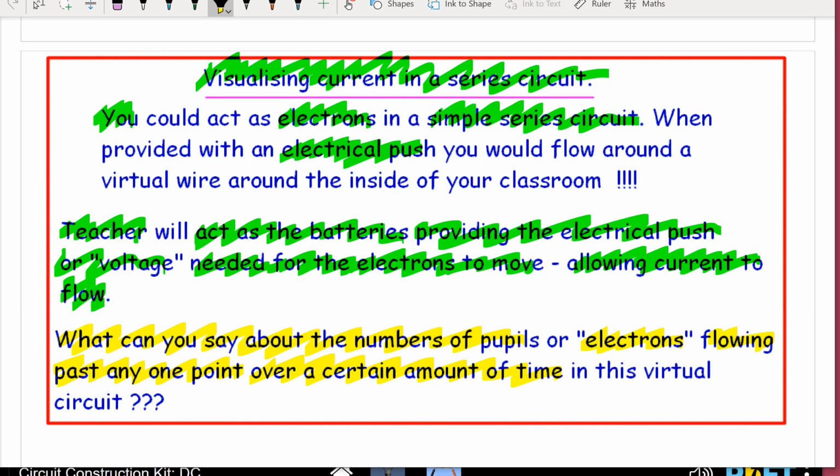And the final point before I end: if we had 30 pupils or electrons at the start of the experiment, you should have at the end 30 pupils or 30 electrons. So the current isn't used up.